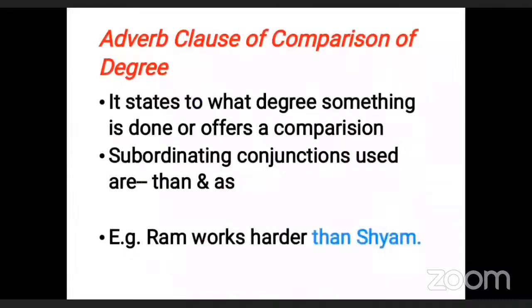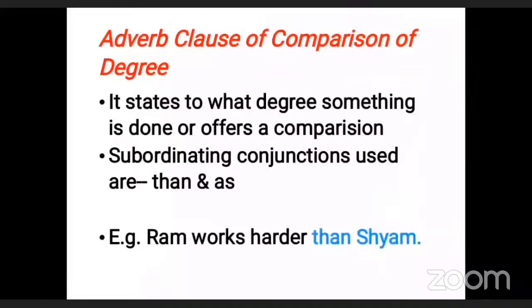The adverb clause of comparison of degree states to what degree something is done, or offers a comparison, up to what degree. The subordinating conjunctions used in this are "than" and "as".